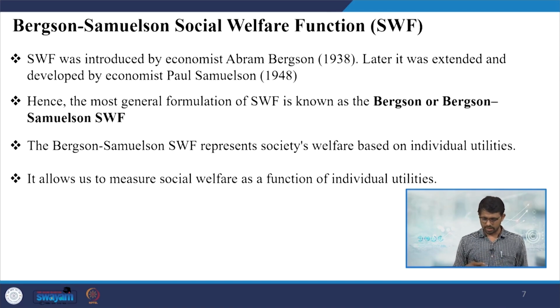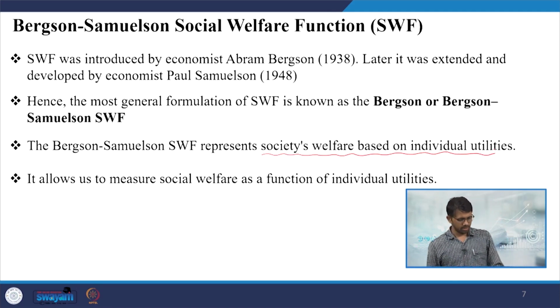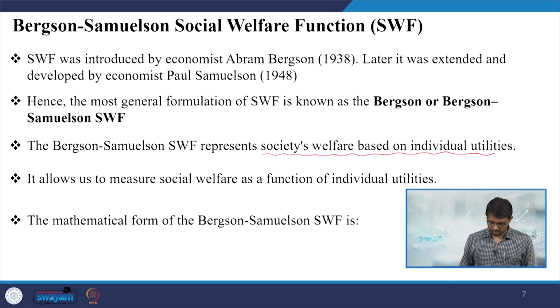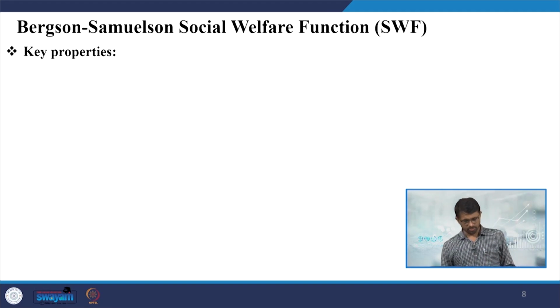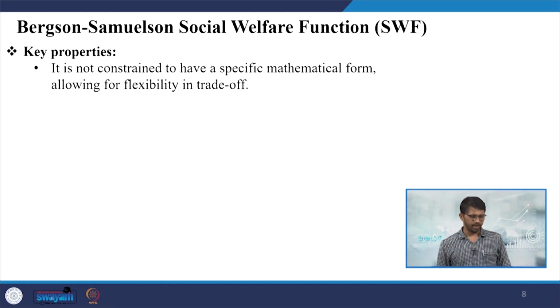So, how aggregation is made from the individual utilities is the challenge to be discussed, and in mathematical form this is written as W equals a function of individual utility A, then individual utility B, then C, up to the nth person. So each person's utility function is clearly identified.